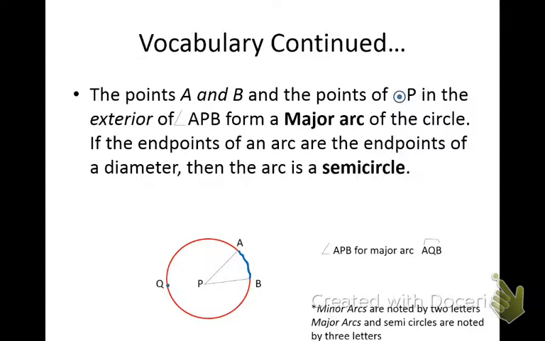So to distinguish between the minor arc AB and the major arc AQB, I include 3 letters. So a major arc is named with 3 letters. Major arcs and semicircles are named with 3 letters.